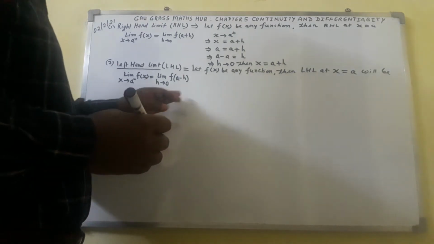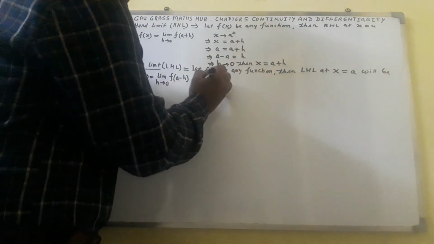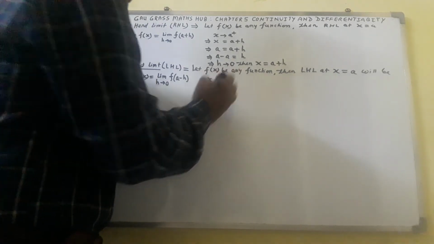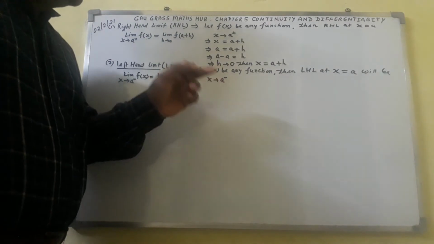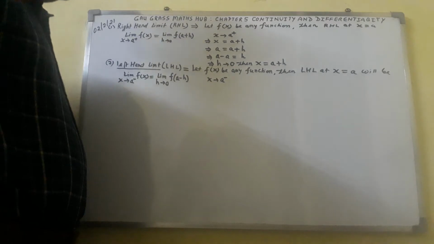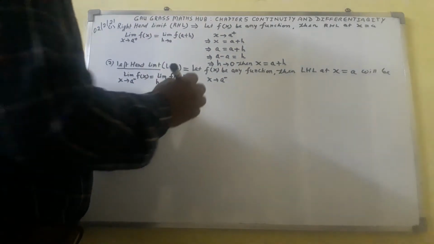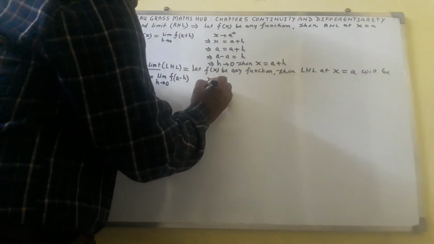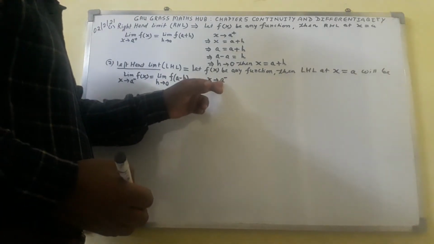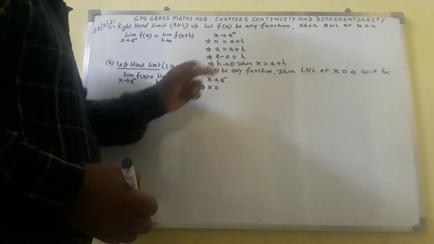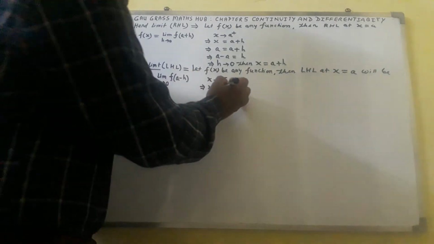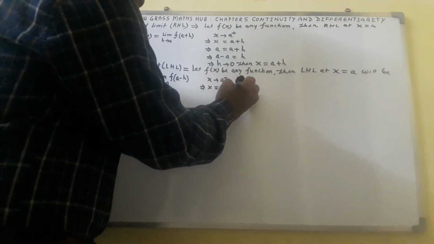So this thing I am going to explain here. Here x tends a negative. The negative sign itself denotes left hand limit. This can be written as x equal to a negative, here write a, negative sign is there, here write minus h.